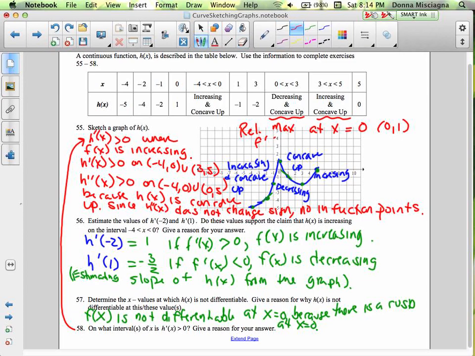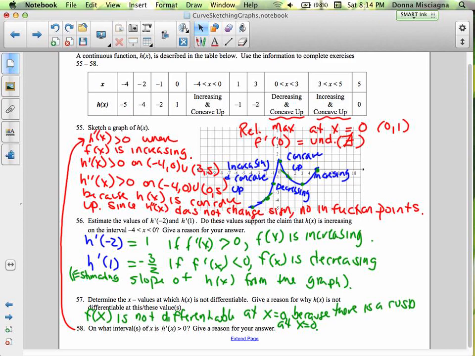Our first derivative at 0 is undefined, right? It does not exist. Or I could put a backwards e and put a line through it, which also means does not exist. Right, so the first derivative does not exist at 0, but that is a relative max, right?